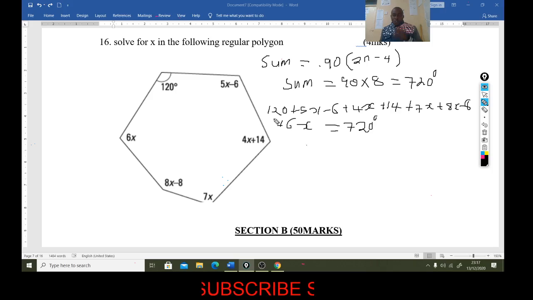When you put like terms together, first I deal with the x's. 5x plus 4x gives you 9x. 9x plus 7x gives you 16x. 16x plus 8x, and then plus 6x, the x's become 30x.